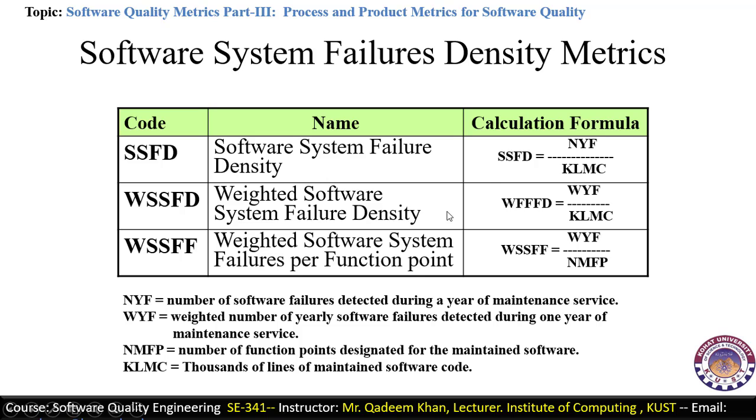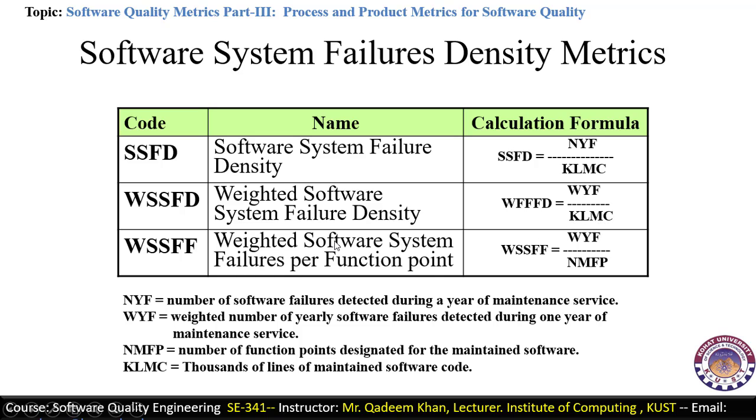So here we will identify the weighted value of the density of errors in the one particular year, and it is divided by 1000 lines of maintained code for that particular year.